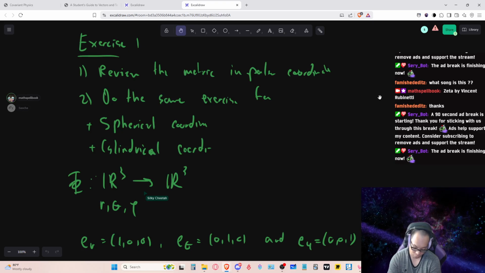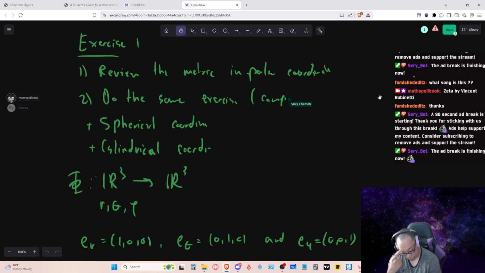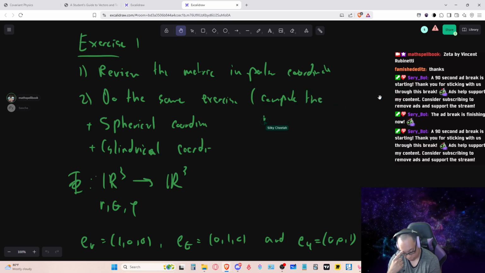So if I'm going to reinstate these questions, and if you guys in chat want to engage in this exercise, you're more than happy to do so. The first exercise is to review the metric computation from polar coordinates to Cartesian coordinates.